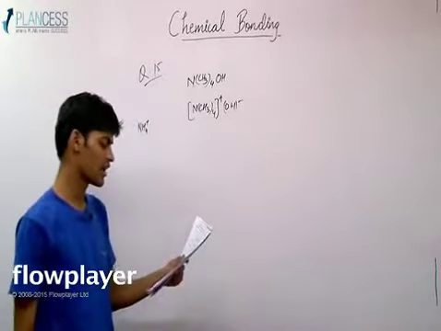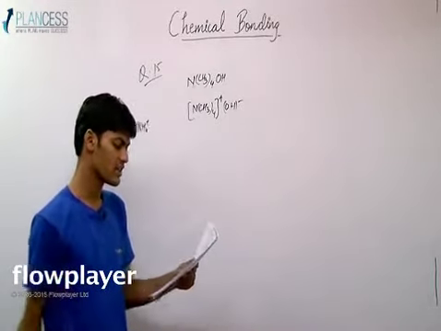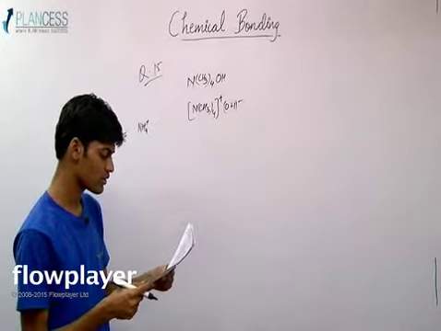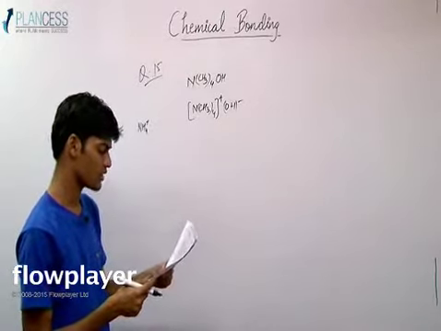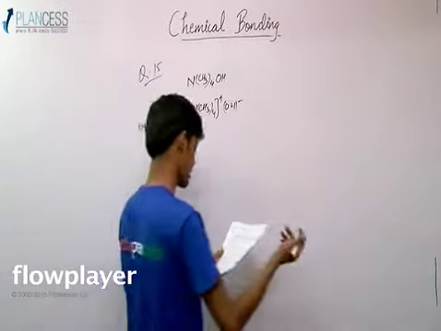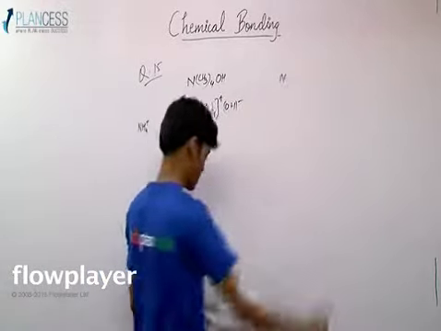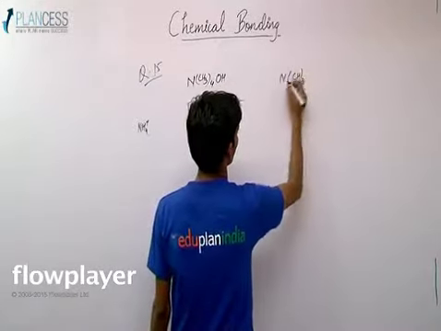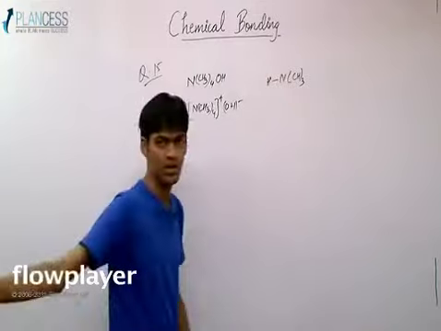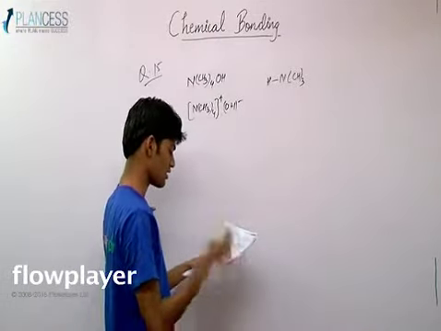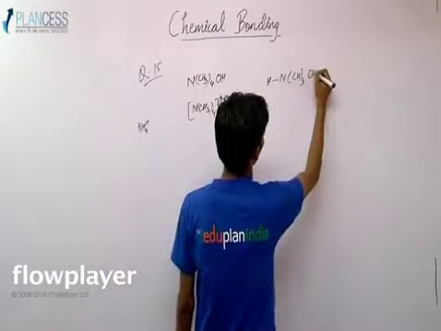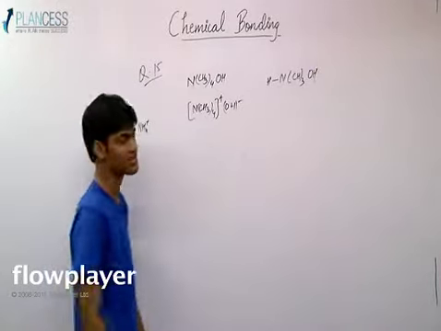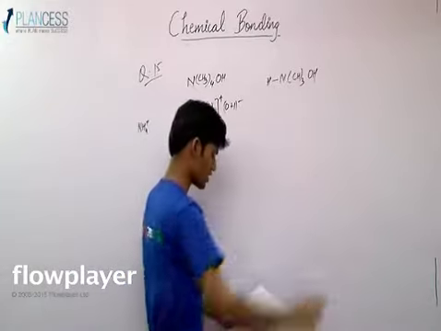So tetramethyl ammonium hydroxide is a stronger base than the other one, trimethyl ammonium hydroxide. So it is CH3, and one H is there, and it is OH here.